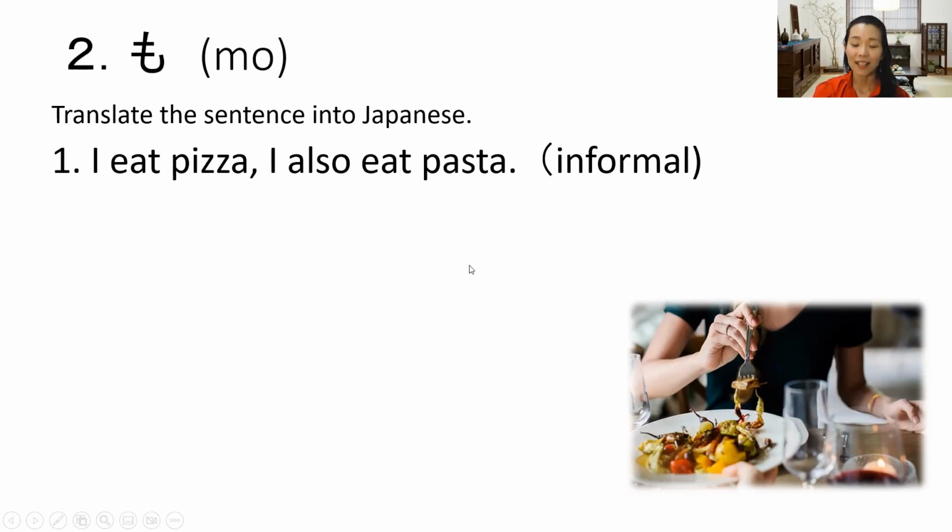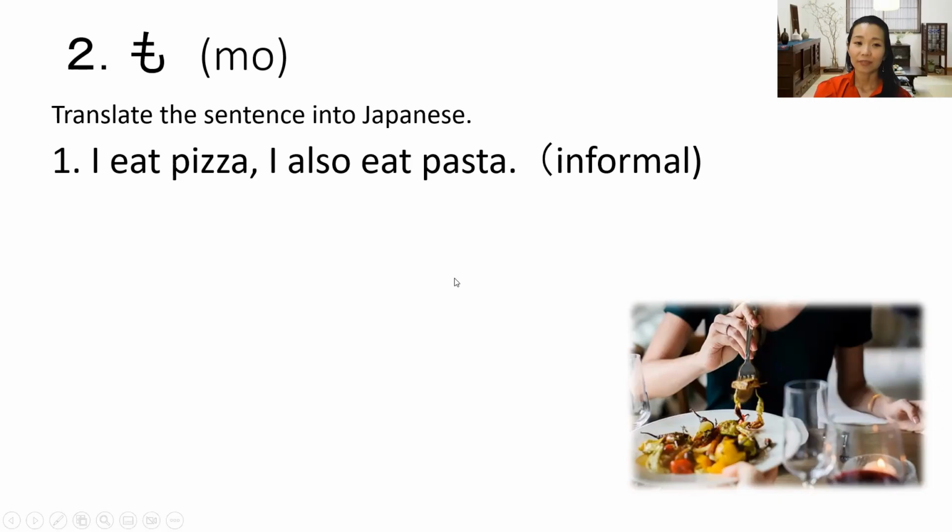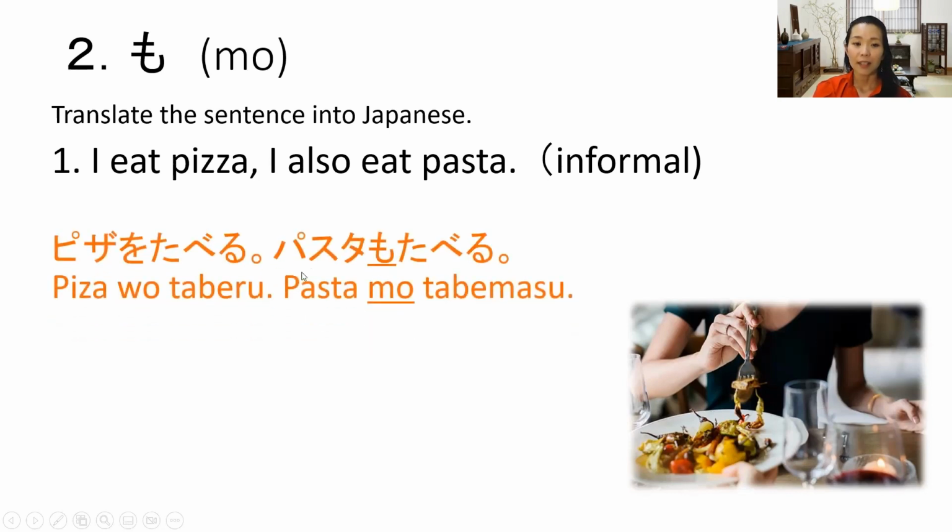How would you say this? 訳してみましょう。The answer would be ピザを食べる。Then next is パスタも食べる。So the も position is after the object, because the object is pizza and pasta.